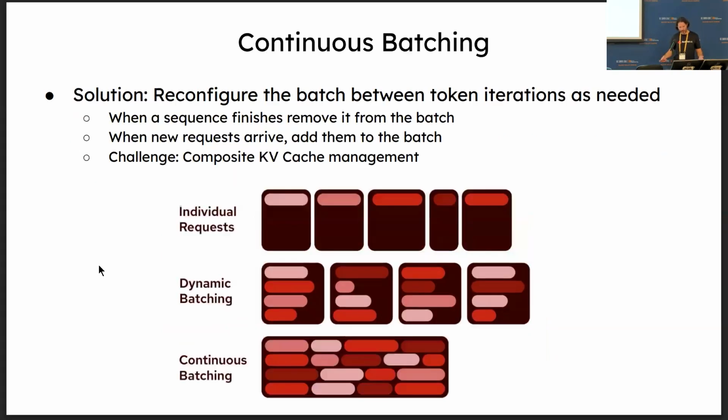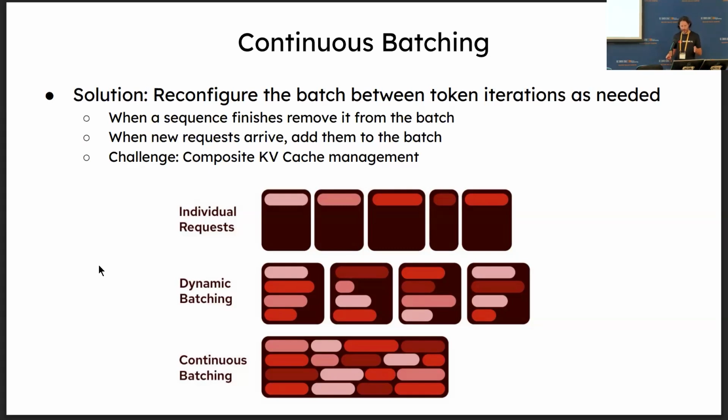It's called continuous batching. For this, we reconfigure the batch between iterations. As I was explaining, each token generation is effectively independent, so at each time step we're generating the next token for all of the sequences in the batch. If one of them finishes, like if the model generates a special end of sequence token for one of them, we can remove that from the batch, and then we have space in the batch to add new sequences that have been queued, between iterations.